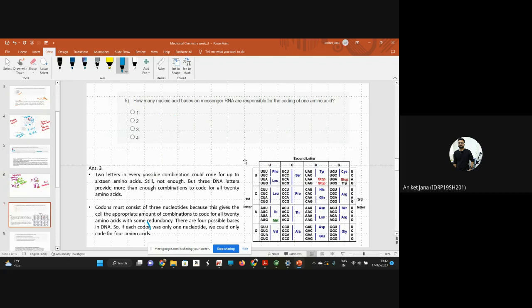Okay, how many nucleic acid bases on messenger RNA are responsible for coding one amino acid? Three. Yes. How can we explain it? Anybody?